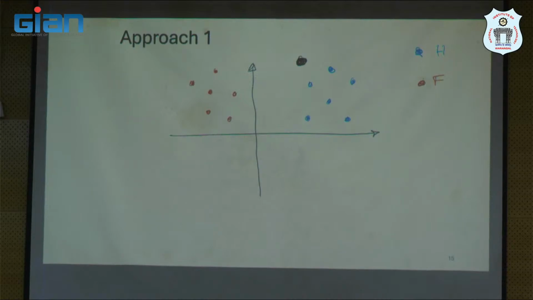If I ask you to take a guess and predict what this test data point would be, whether it's healthy or faulty, what would be your guess? Healthy. Okay, most of you would say that it is healthy, right?